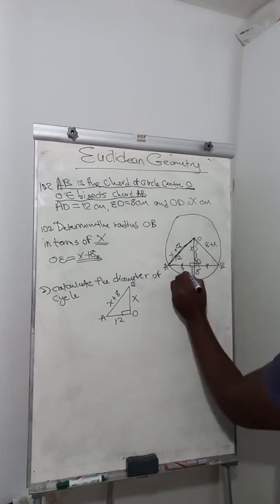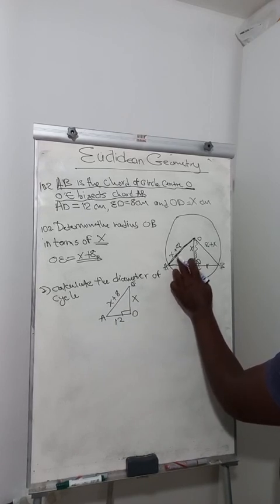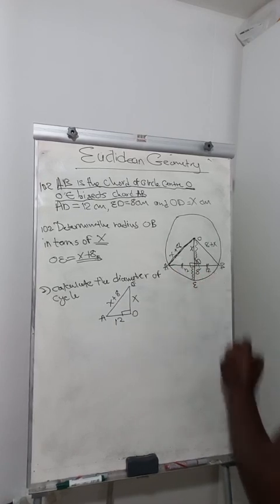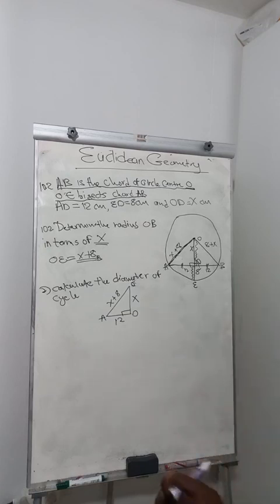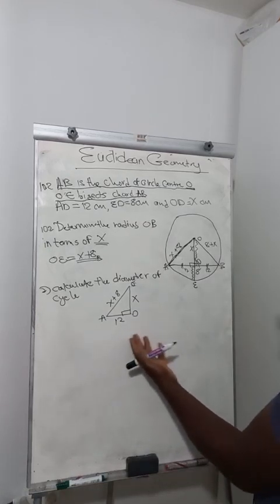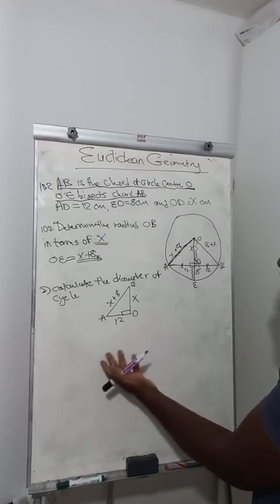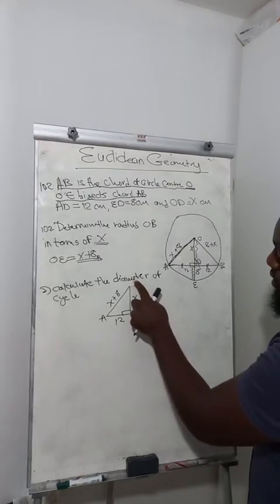But here you are having this 12. This 12 is actually there and also there. So that's why you're having something like that. So now we can see that here we just have to use the Theorem of Pythagoras. So this is O here.